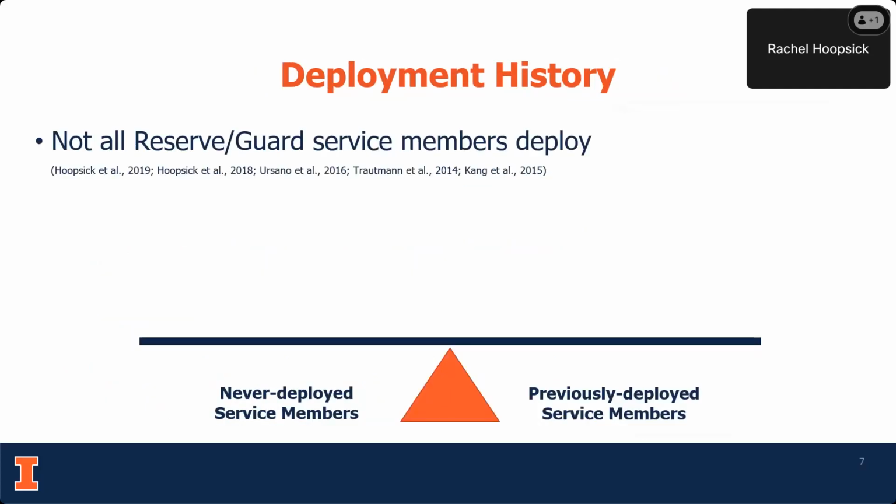So although the overwhelming majority of military research regarding substance use and mental health focuses on the context of deployment, combat deployment specifically, many reservists never deploy during their military careers.